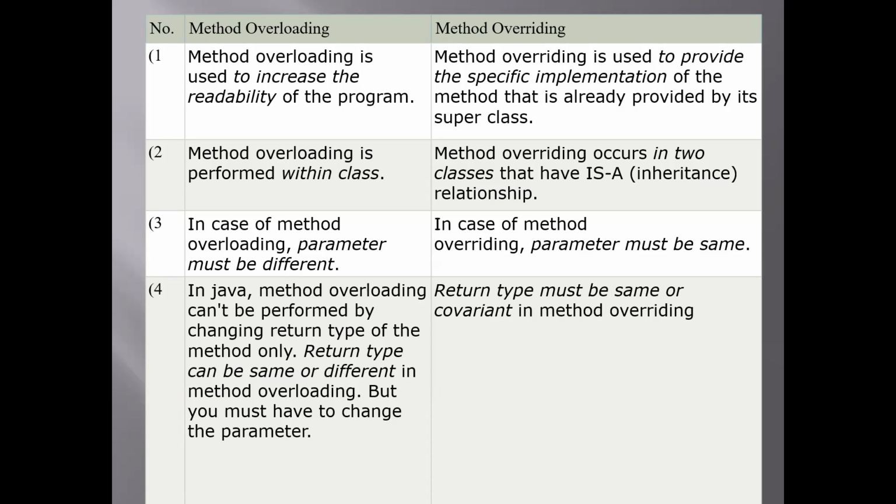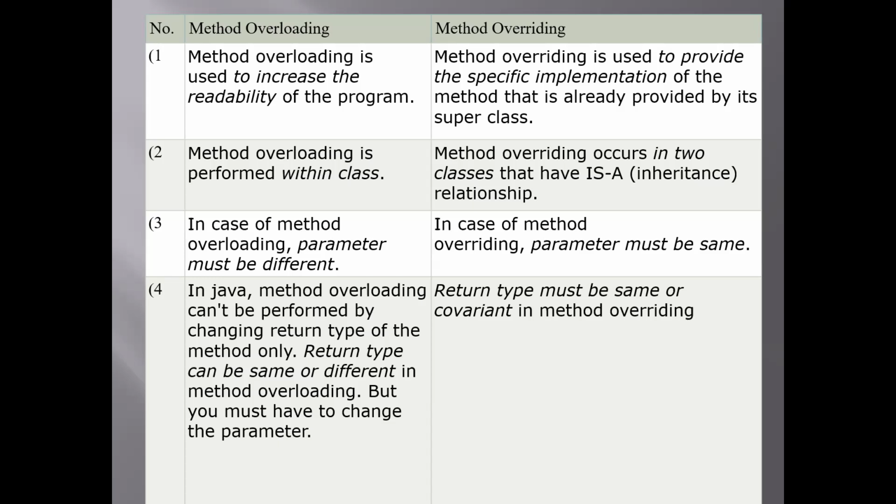On the other side, method overriding is used to provide a specific implementation of a method in a subclass. Method overloading is performed within the class itself. Like in one class only, I have multiple methods.